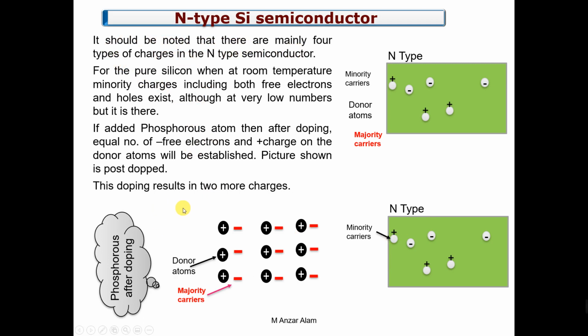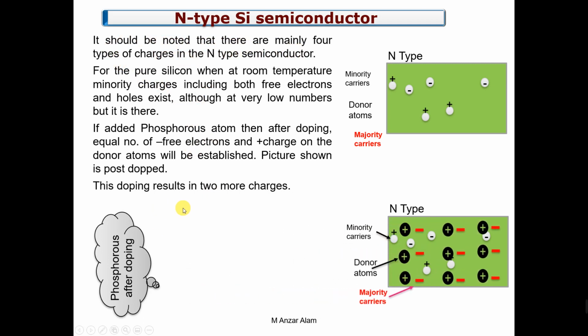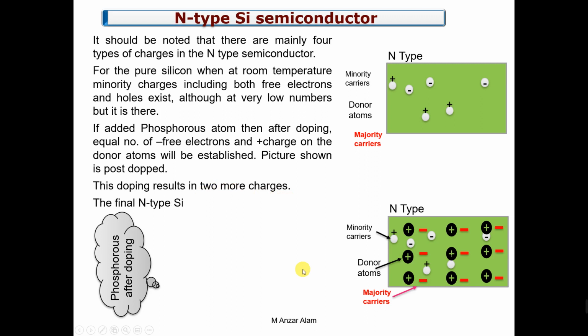So this is the result of the n-type material after doping. This doping results in two more charges, and this is the final n-type material that we can see.